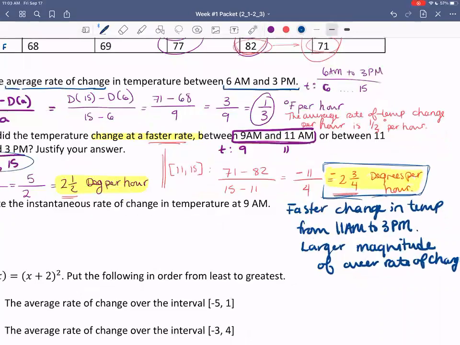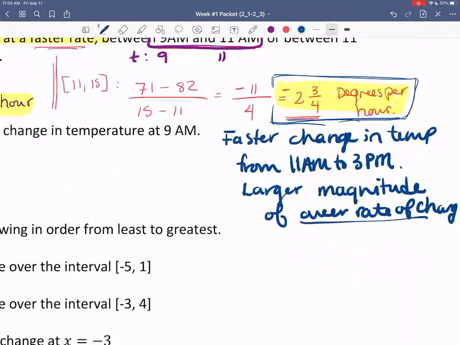One notation to emphasize here is that sometimes average rate of change is just abbreviated AROC, average rate of change. All right, so now let's look at the next problem.